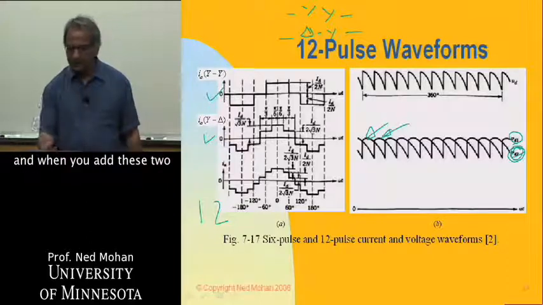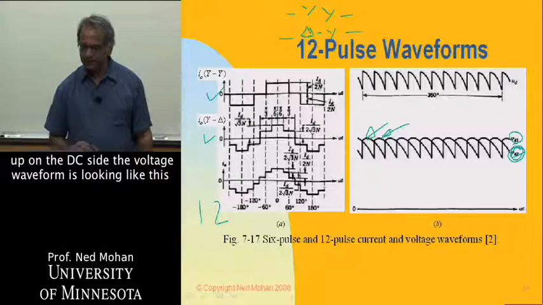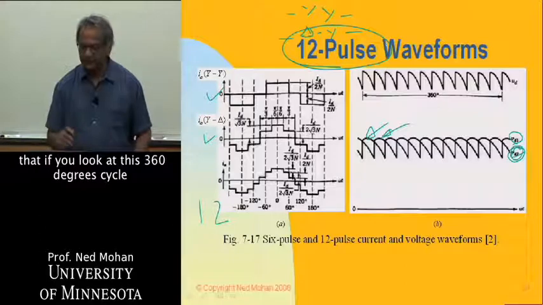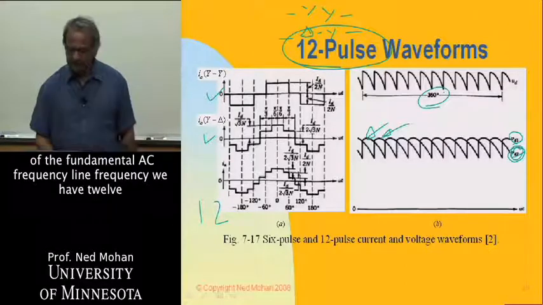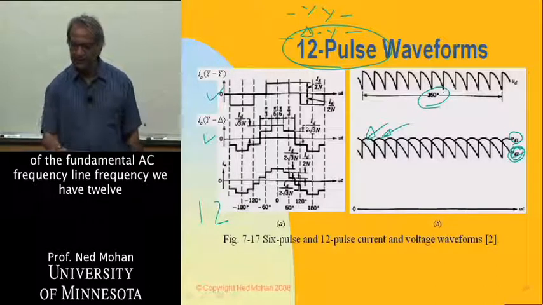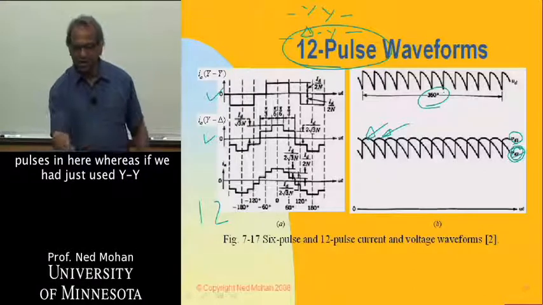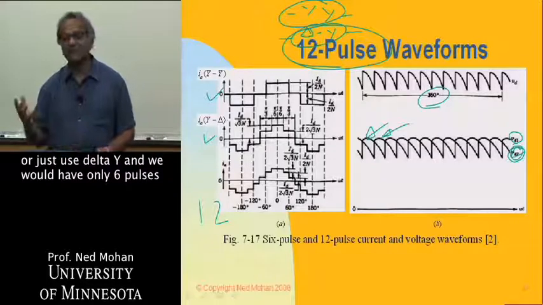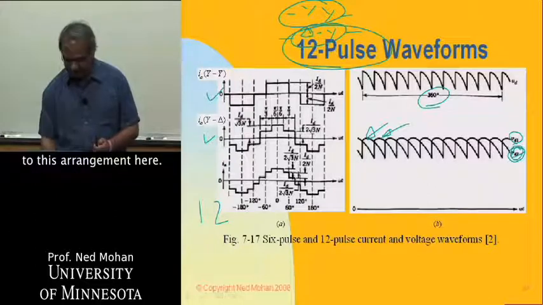And when you add these two up on the DC side, the voltage waveform is looking like this. And the reason it's called 12 pulse waveform is that if you look at this 360-degree cycle of the fundamental AC frequency, line frequency, we have 12 pulses in here. Whereas if you had just used YY or just delta Y, we would have only 6 pulses. So that has a much higher harmonic content as compared to this arrangement here.